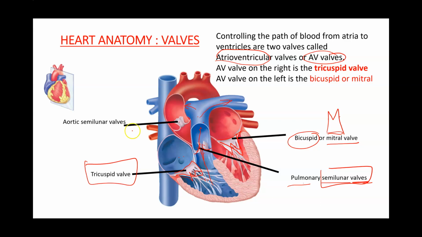On the left side, oxygenated blood is coming back through pulmonary veins, and it's moved from the left atrium into the left ventricle past the bicuspid or mitral valve. From there, when the left ventricles contract, when both ventricles contract, blood is going to be pumped out of the left ventricle past the aortic semilunar valve into the aorta.